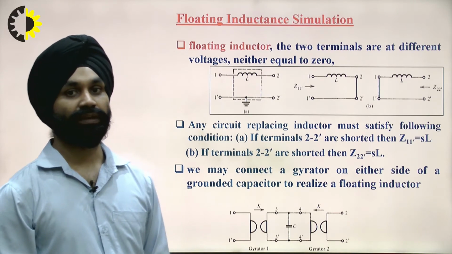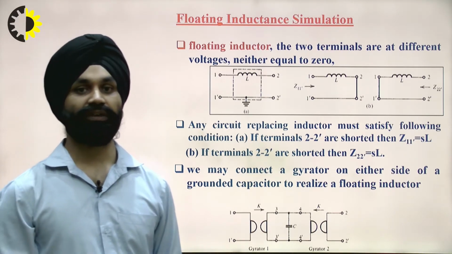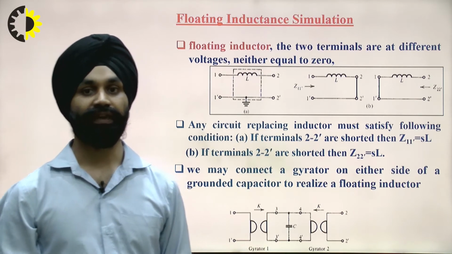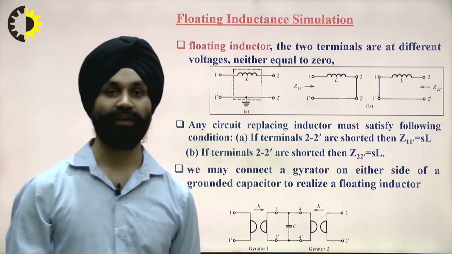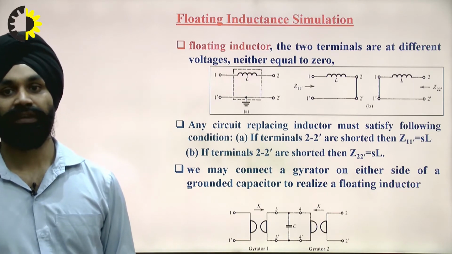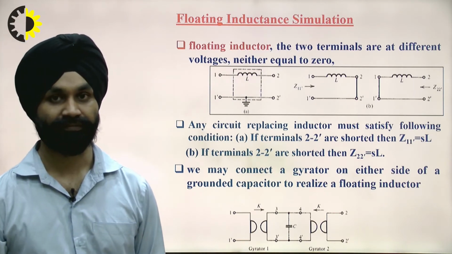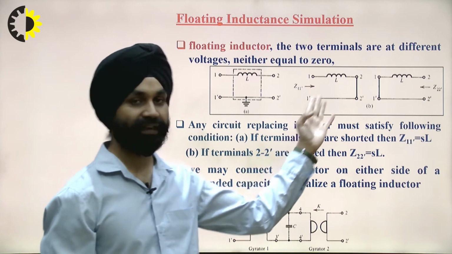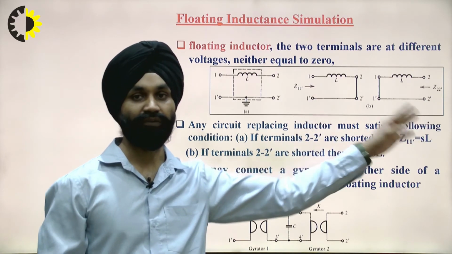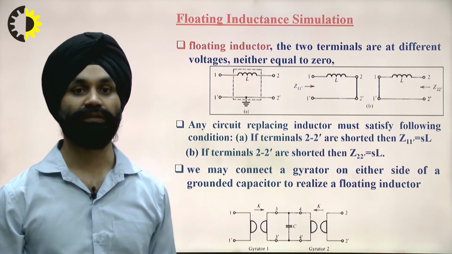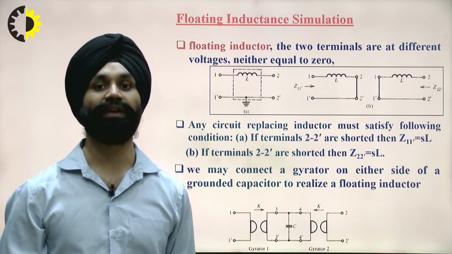Now, if we connect a gyrator on either side of a grounded capacitor, it realizes a floating inductor. That means one gyrator and another gyrator, with a capacitor connected in between, will act as a floating inductor.